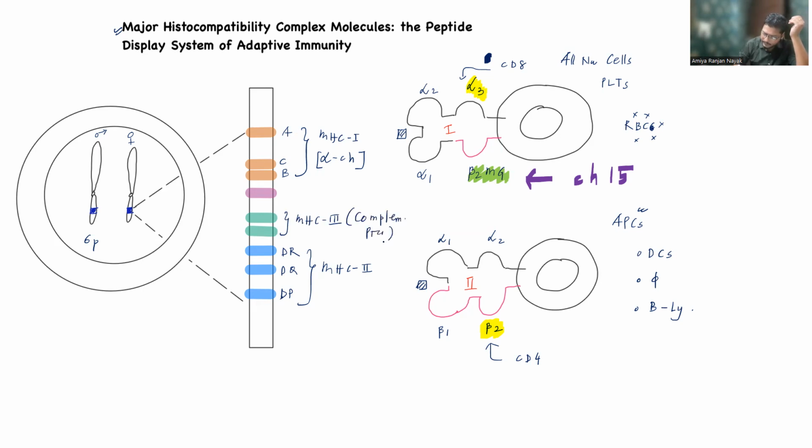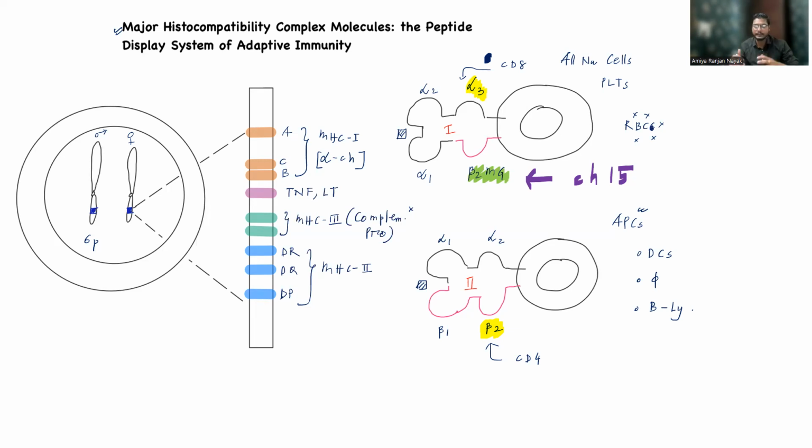However, we are not going to discuss this because it is not important for this lecture. There are also some genes present in between these MHC genes. The products of those include tumor necrosis factor and leukotrienes. Again, this is not important for this lecture.